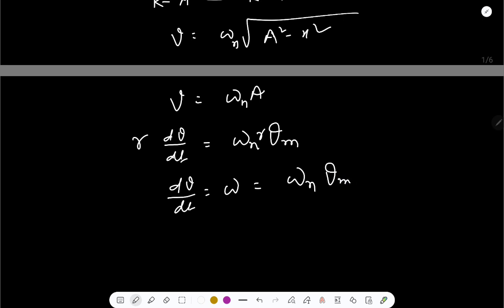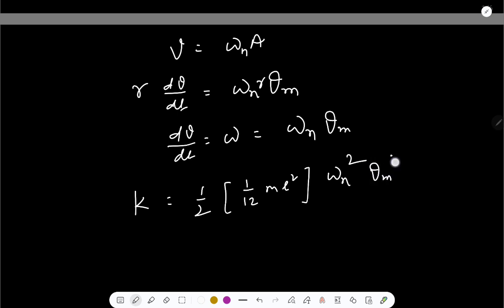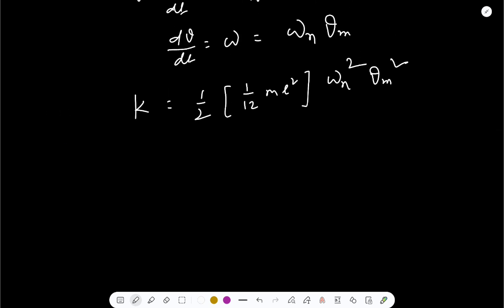And now you can write something like here, that your kinetic energy was half I omega square, 1 by 12 ml square. Omega is here, so you can write it as omega n, the natural frequency of oscillation, omega n square, theta m angular amplitude square. And you can compare things like potential energy.